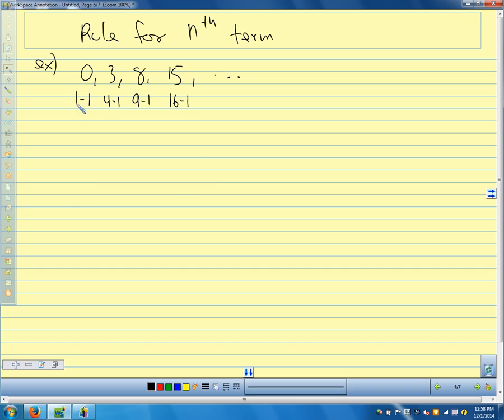So how are these numbers, the 1, the 4, the 9, the 16, related to 1, 2, 3, 4? They're squared, right? They're the squares of those. So this is 1 squared minus 1, 2 squared minus 1, 3 squared minus 1, 4 squared minus 1. So our rule could be a sub n equals n squared minus 1.